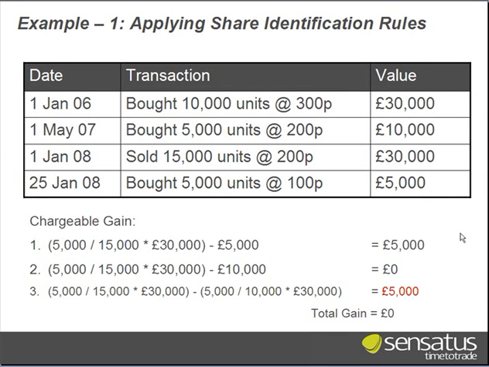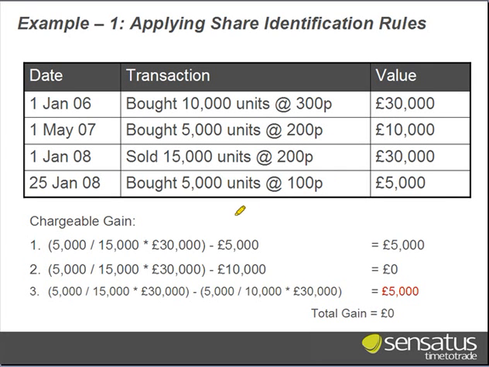If we now take a look at what is the actual gain, if this person had not bought back the units within 30 days, they would have made a loss, because they sold at 200 pence and they'd acquired the units at 200 pence and 300 pence, a higher cost in the past.